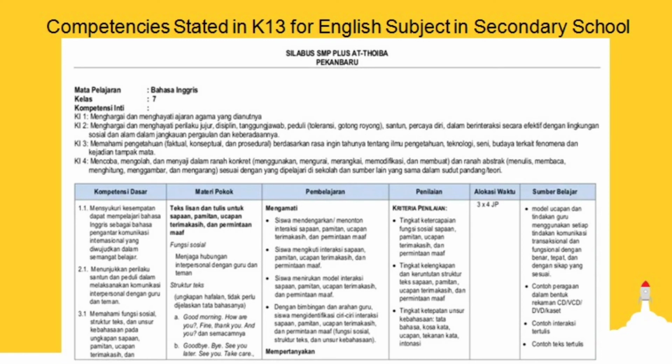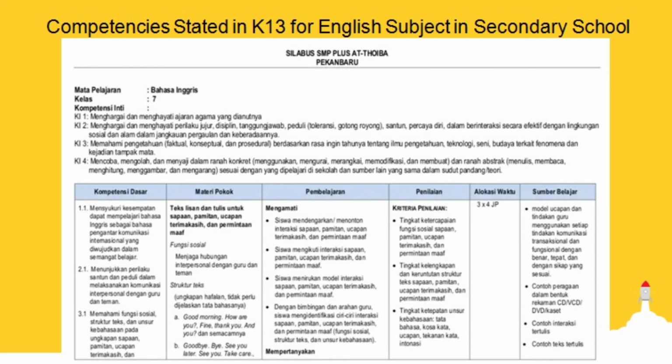And second, we must interact with each other by upholding the value of mutual respect. And third, we have a curiosity for knowledge. And fourth, we must try to process and present the application of the knowledge that they already have.